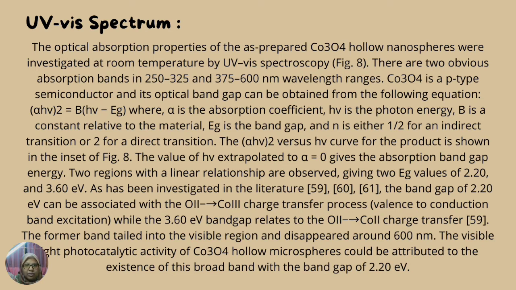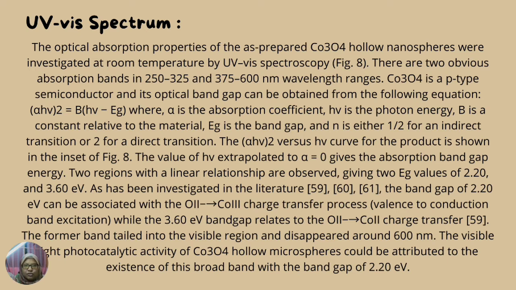Co3O4 is a p-type semiconductor and its optical band gap can be obtained from the following equation: (αhν)^n = B(hν − Eg), where α is the absorption coefficient, hν is the photon energy, B is a constant relative to the material, Eg is the band gap, and n is either a half for an indirect transition or 2 for a direct transition.